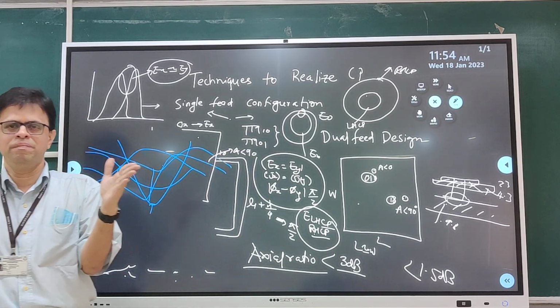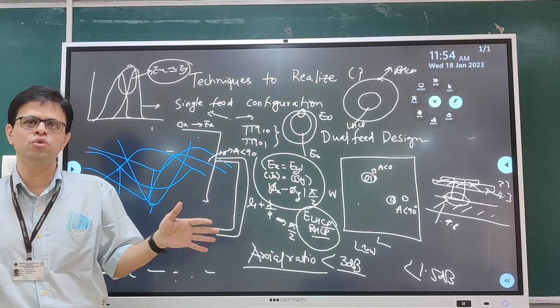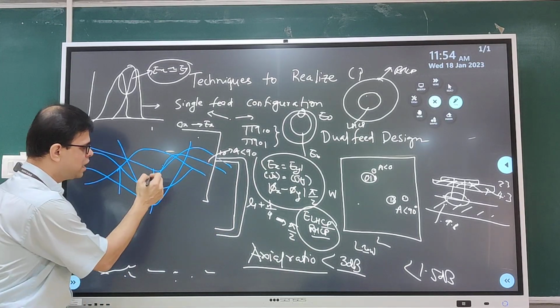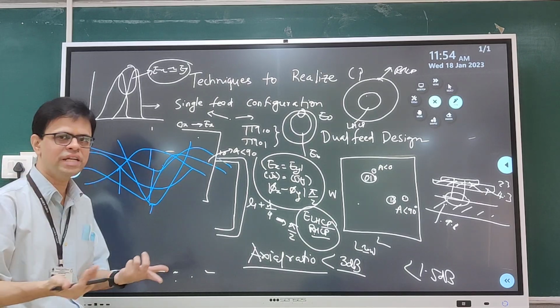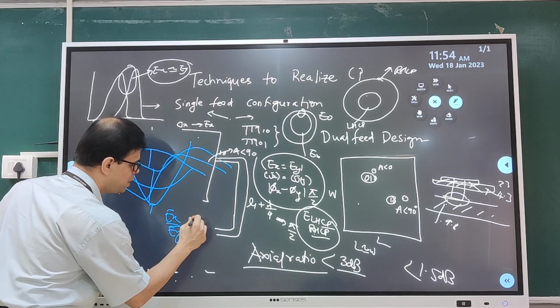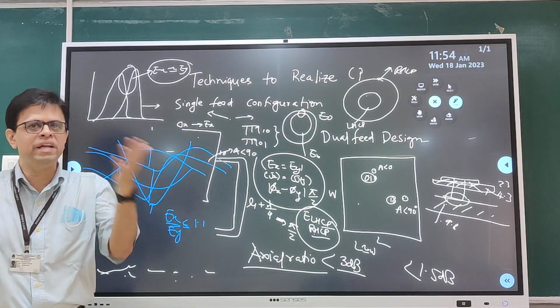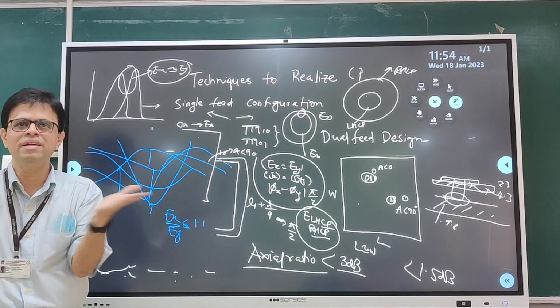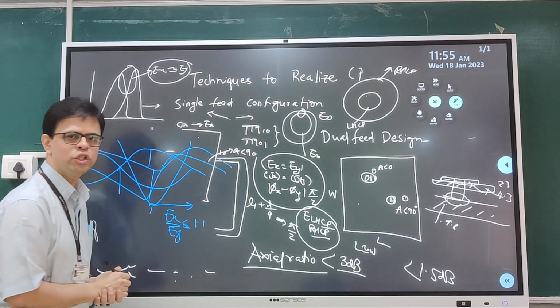So effectively, considering all the parameters together, you will observe the conditions for circular polarization. Here in this range Ex and Ey may not be equal, but the ratio of Ex and Ey may be 1 point something or less than that. Phase difference may be 85 degrees or 80 degrees. So together these conditions are realized, and then you will get the minimum axial ratio bandwidth.